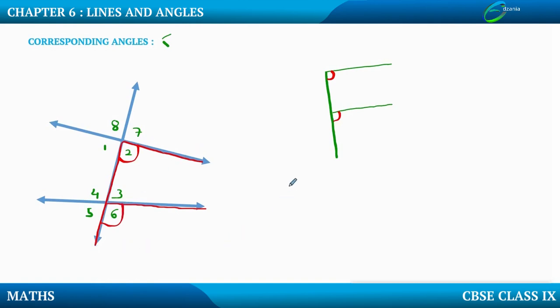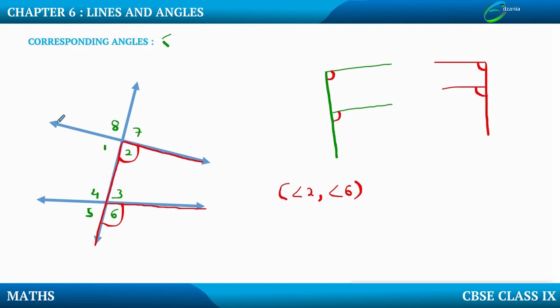So I can say that angle 2 and angle 6 are the first pair of corresponding angles. Similarly, if I take F like this, then also these two angles will be considered corresponding angles.